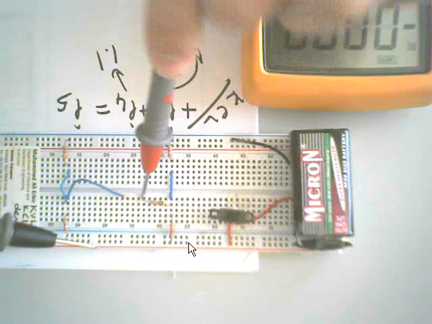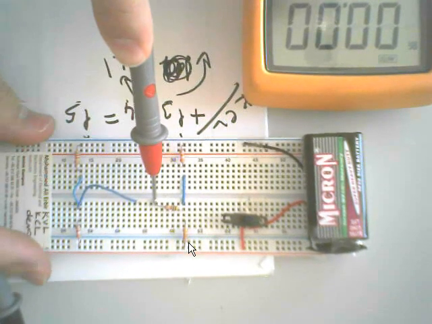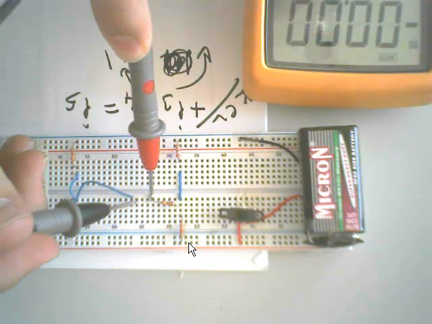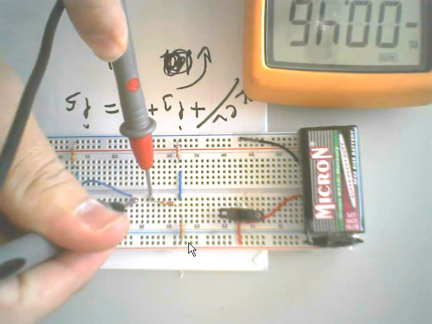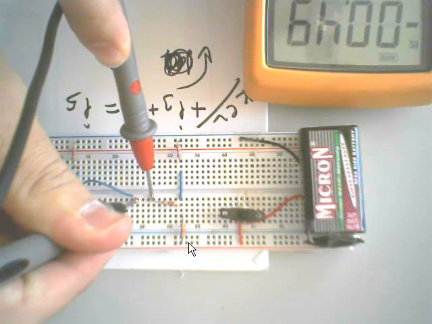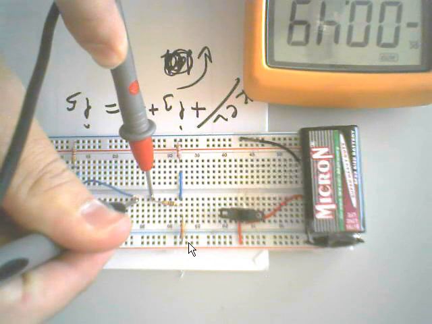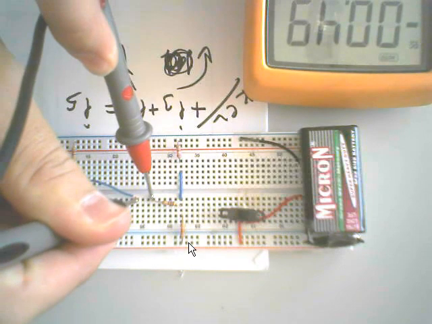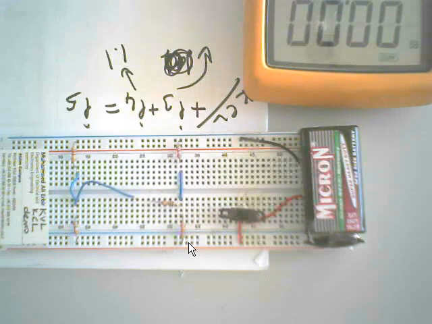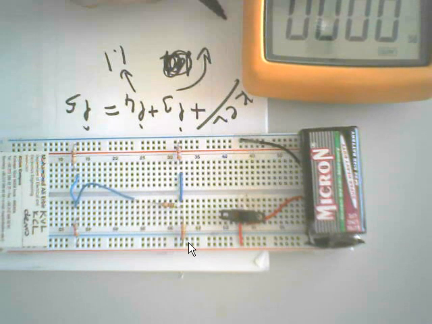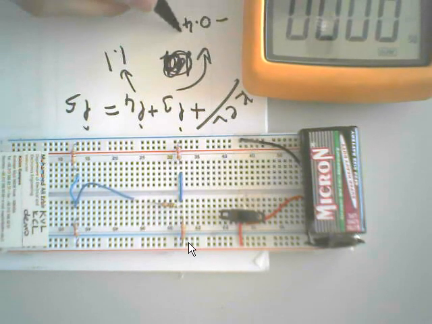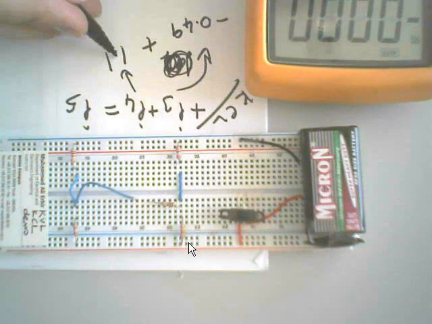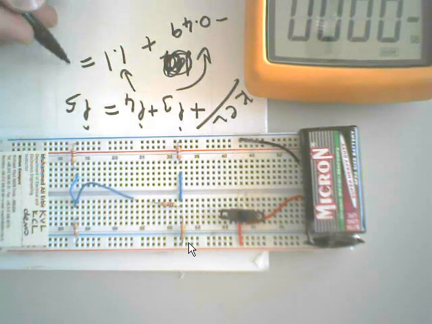It's entering into the red probe and going out from the black one. And what I see is minus 0.49. Let me write minus 0.49 plus I4 should be equal to I5.